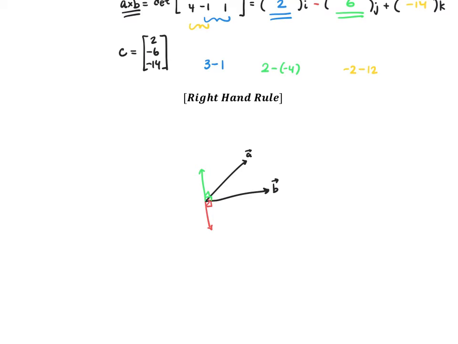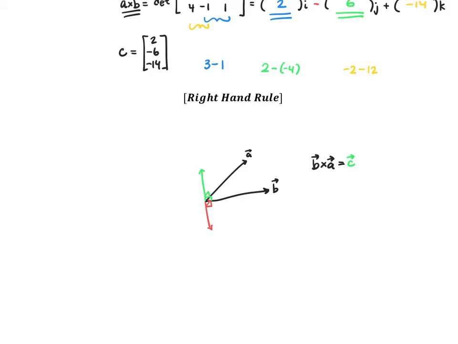Well, if you were to take your right hand and put your thumb upward and your middle finger right on vector B, and you rotate all 4 fingers from B to A, your thumb would face upward. So since I've started at B and I've headed toward A, the vector product of B cross A would be that green vector C.